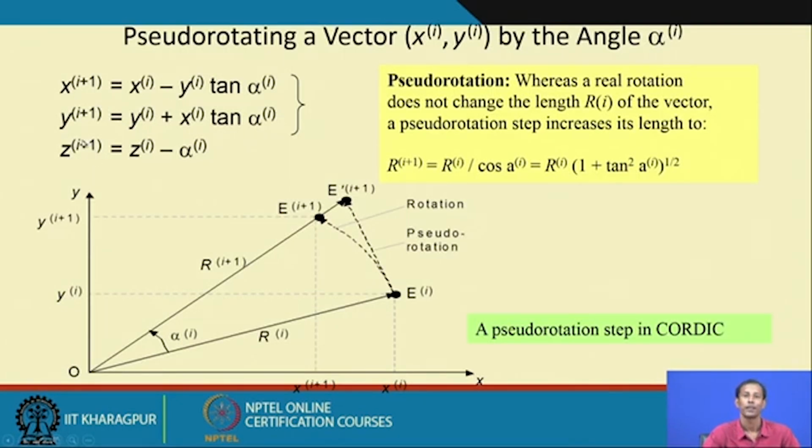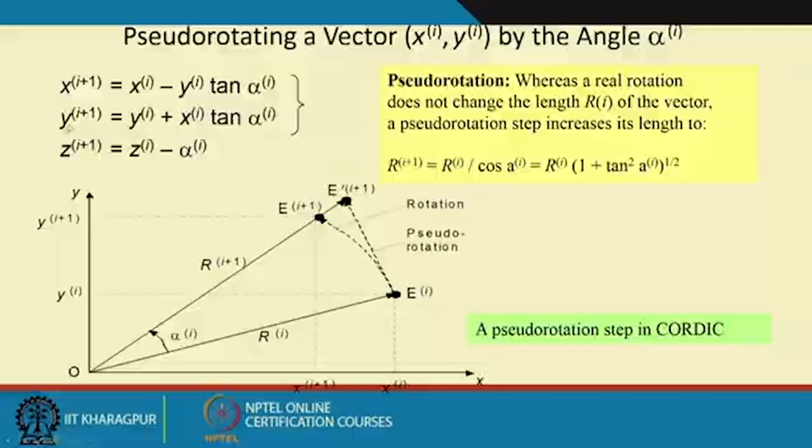This is the corresponding equation I have to write after rotating the vectors by an angle of alpha, mentioned here as alpha. Whenever we are rotating, as I said in the beginning, CORDIC is based on some predefined angles, and it decomposes the desired rotation angle.